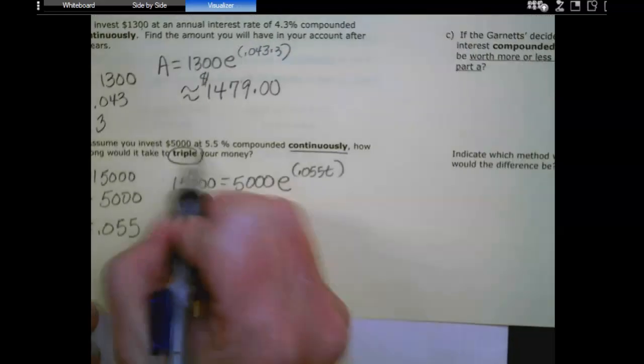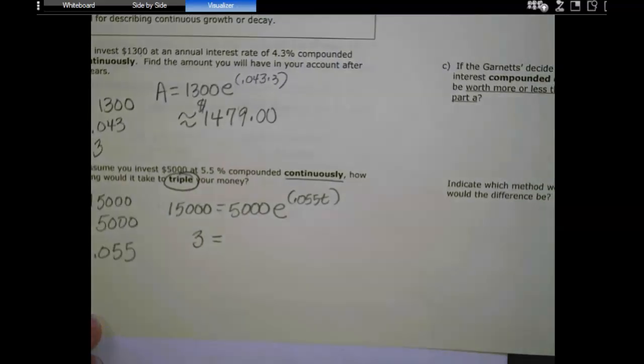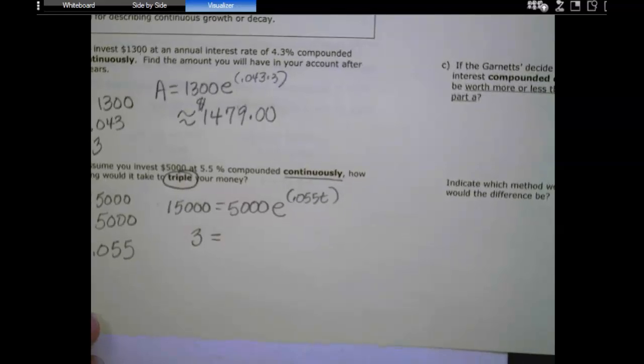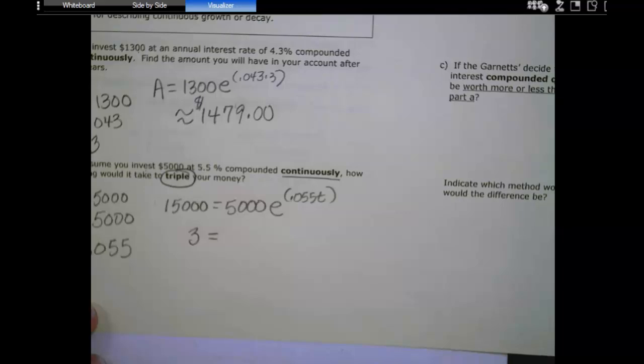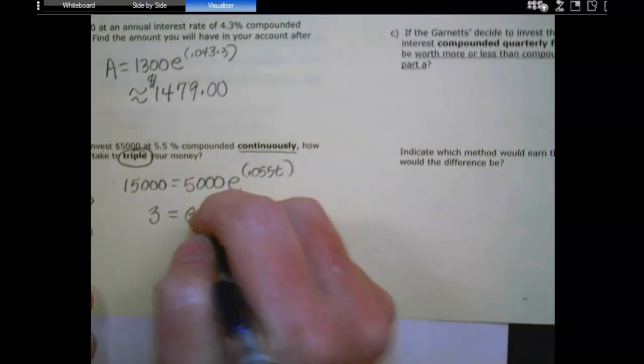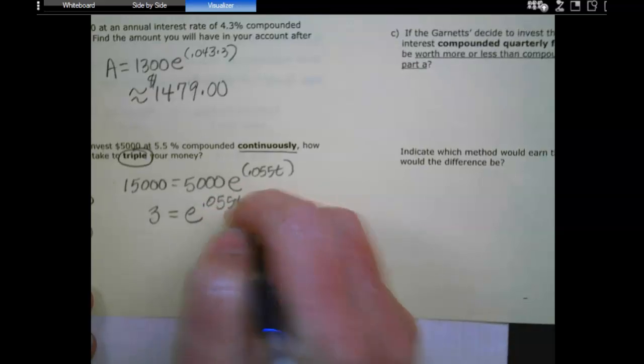What is 3? It's the triple. So sometimes they might not give you an amount. You would just put the triple on that side or the double on that side. Does that make sense? You may not know what you're going to start and end with. Okay, so I'm going to have E to the 0.055 T.